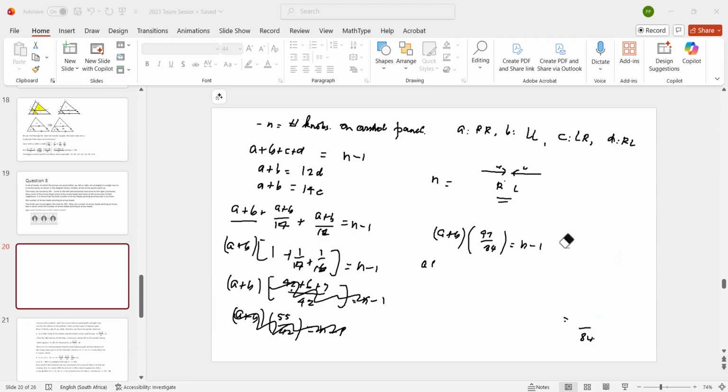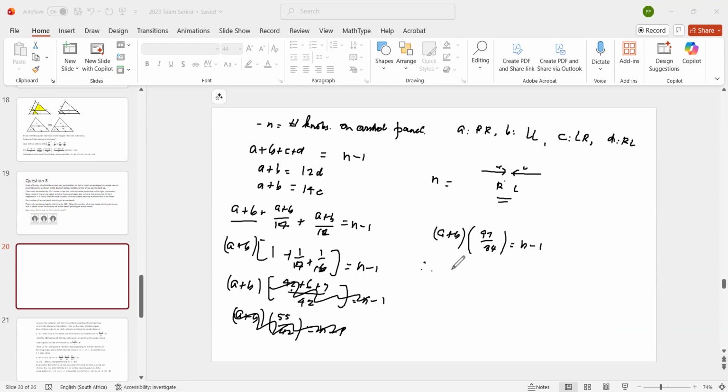So this tells you something. See, this a plus b is an integer here. It counts the number of knobs. So for this thing to work, you must have that a is integer, b is integer. They count, there's a certain counting number. But to make this thing an integer, it means that a plus b must be 84.